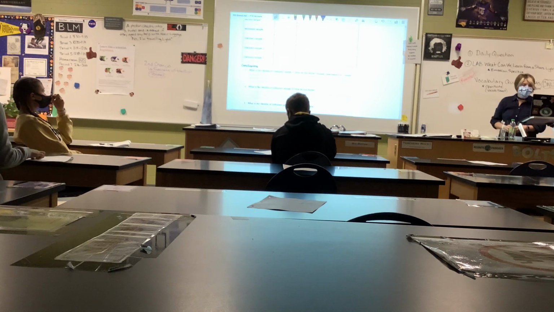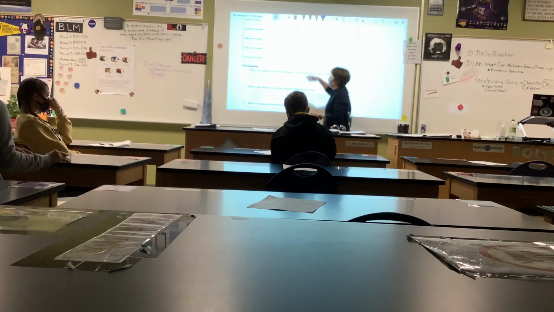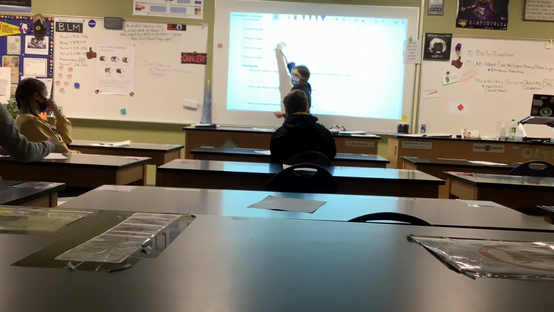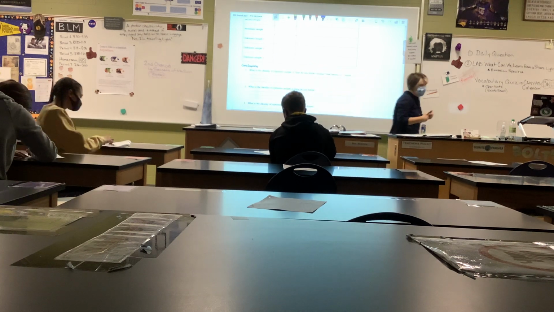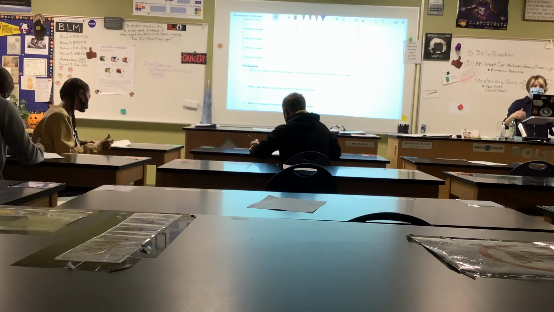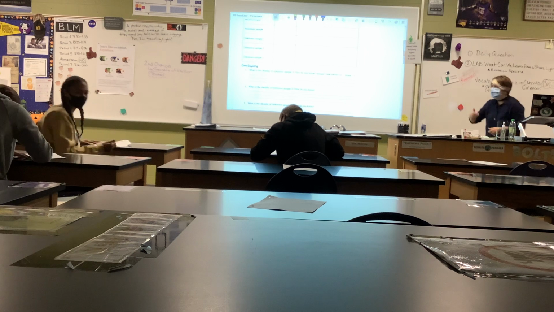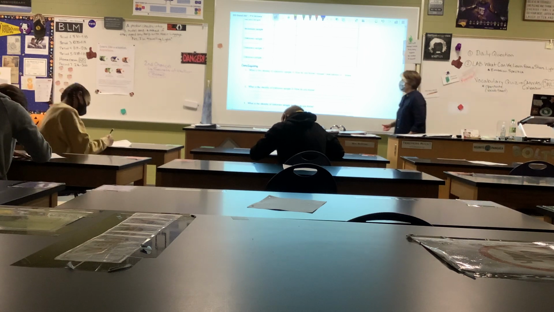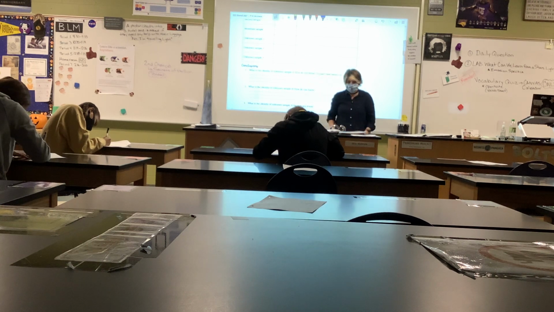It says, what is the identity of unknown sample number 1? So whatever you think sample number 1 is, that is going to be what you're going to write down. And you're going to write in complete sentences. Notice I gave you a start there: I think unknown 1 is. So start there. Whatever you think based on the other colors that we saw.